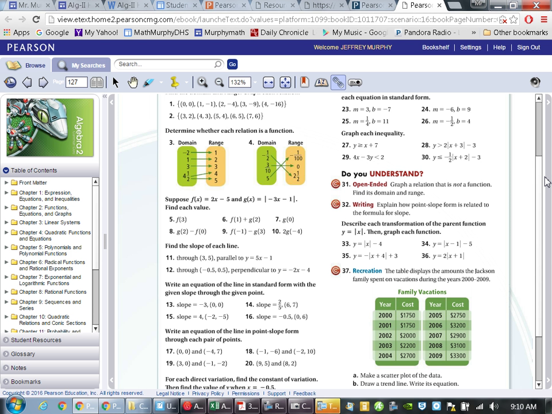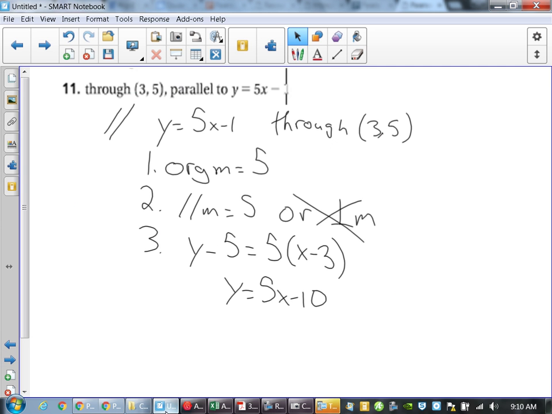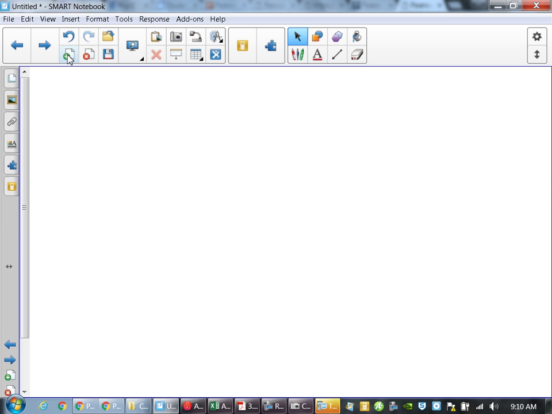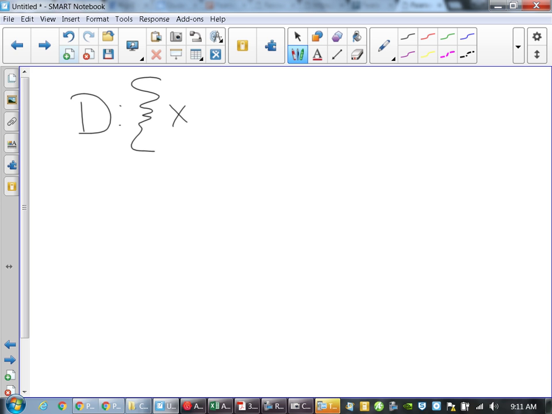You can write it out if you want to. The technical way of writing out domain and range, if you guys want to get real fancy, is: the domain is the set of x such that x equals blah blah blah. I think that's how you write it out the fancy way.